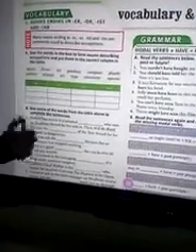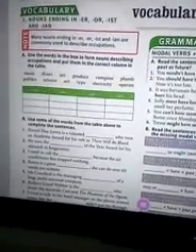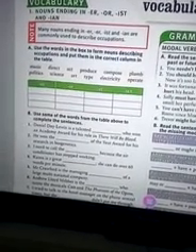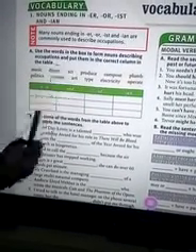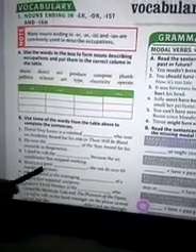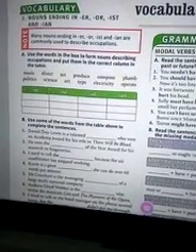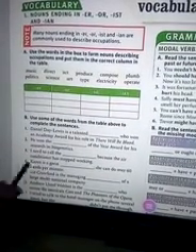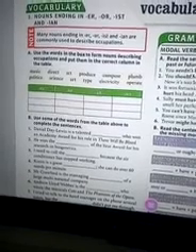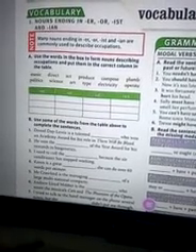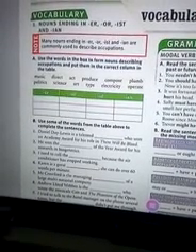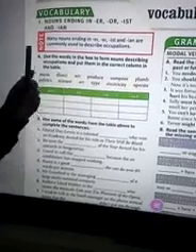In today's lesson, we are going to learn some useful suffixes. Suffixes are letters which we put at the end of a word. It can change the word from a verb into an adjective, or from an adjective into a noun, or from a verb into a noun, and so on.